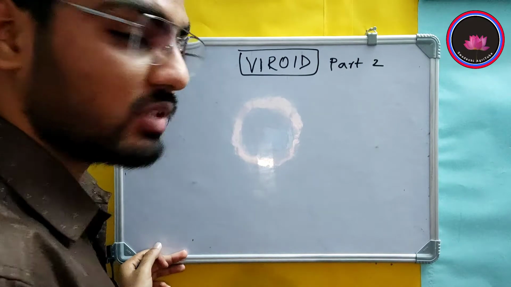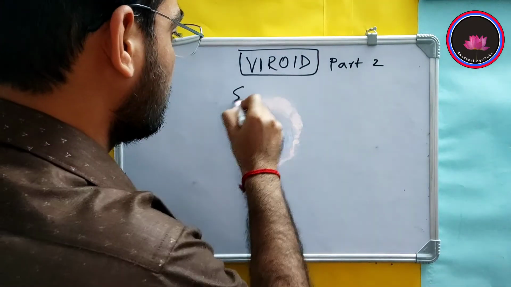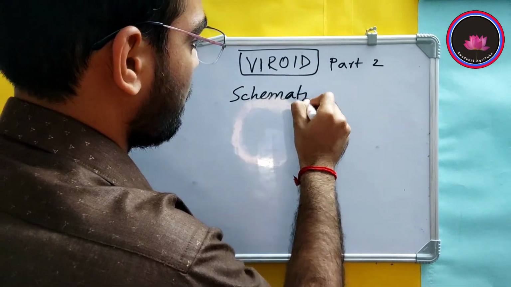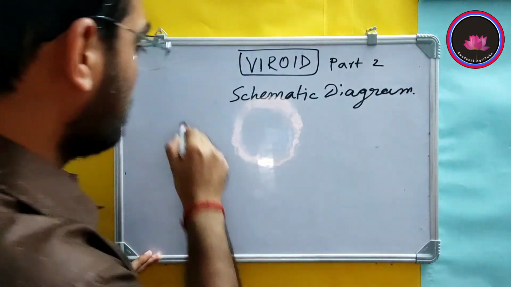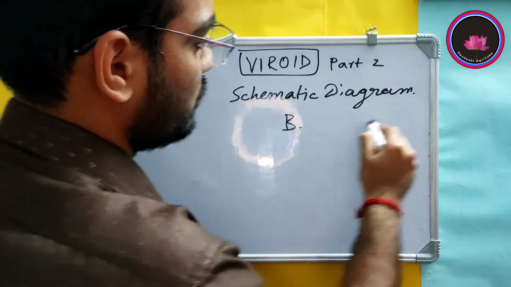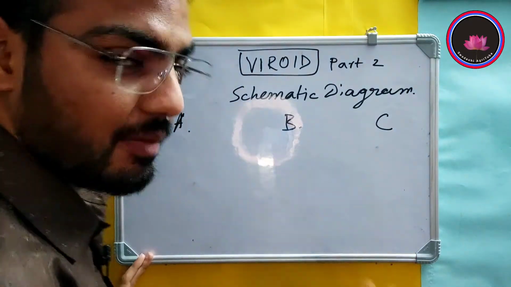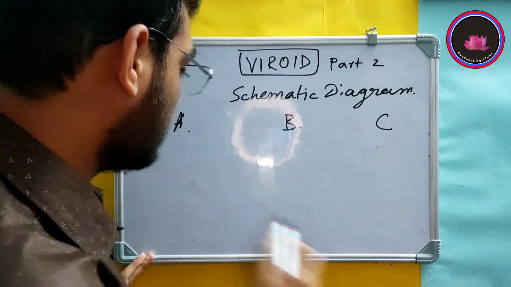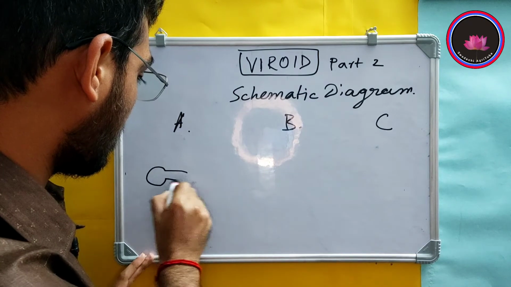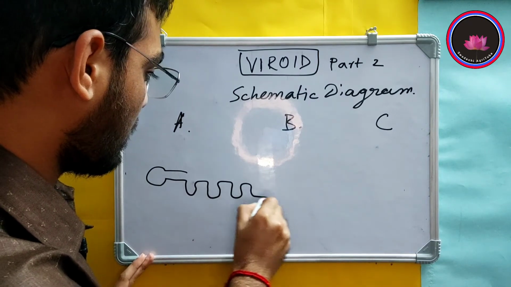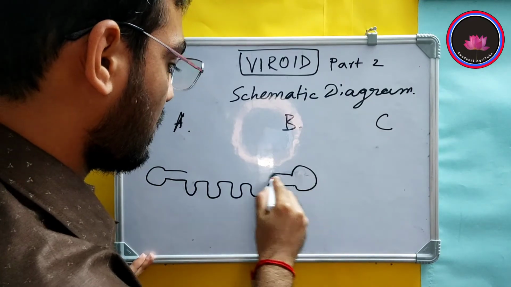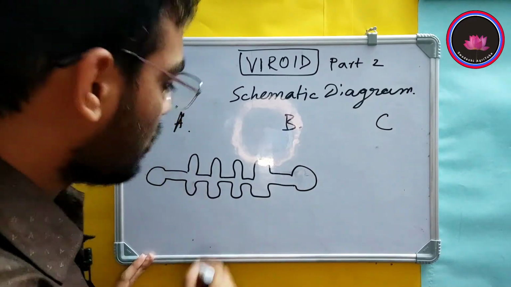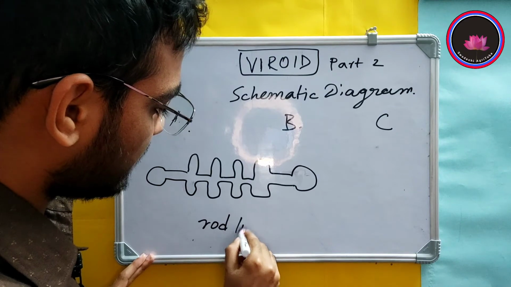So now we will talk about the schematic diagrams of the viroid. There are three schematic diagrams. I have mentioned that the viroid structure actually looks like this, due to the covalent bonds. So it is a simple rod-like structure.